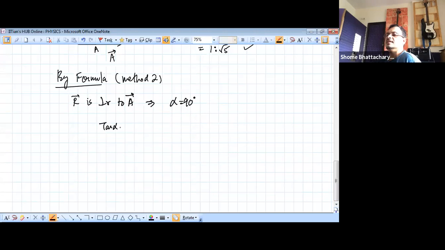So tan alpha, which is B sine theta upon E plus B cos theta. This is telling us that tan 90 degrees is equal to, yeah, so this B sine theta upon E plus B cos theta. Now tan 90 क्या होता है?